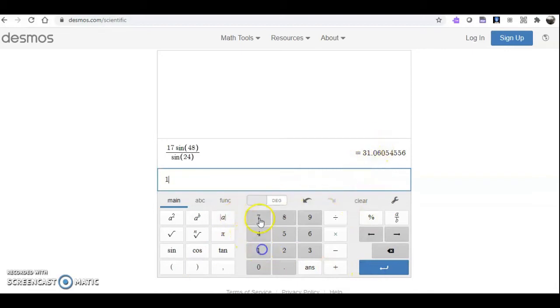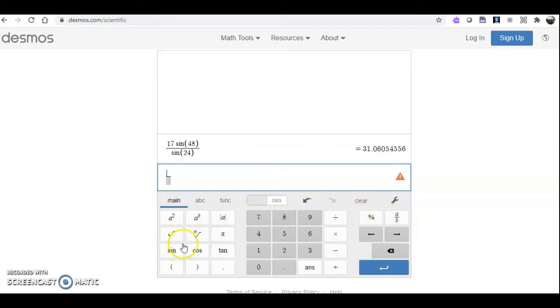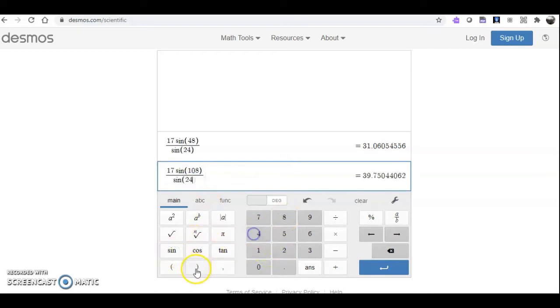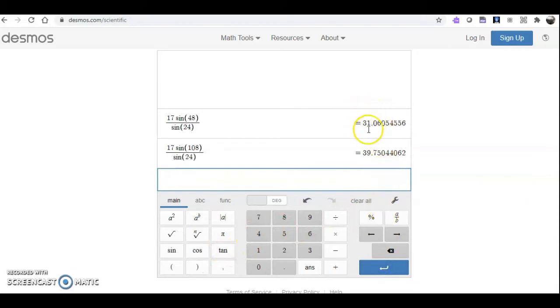And then for C, it was the fraction 17 sine of 108 in parentheses, sine of 24 on the denominator. And for our sides, we're going to do 2 decimal places, so it'd be 31.06 and 39.75.